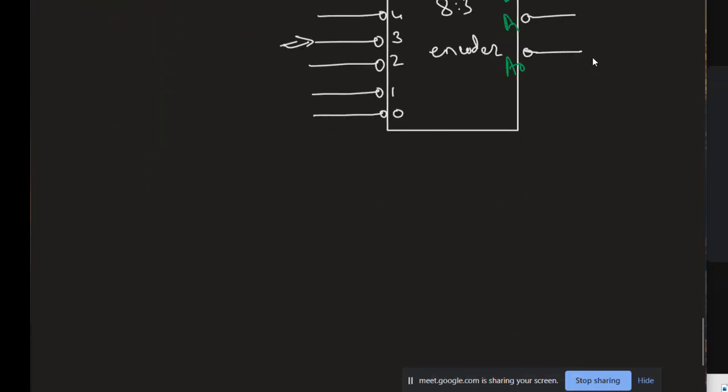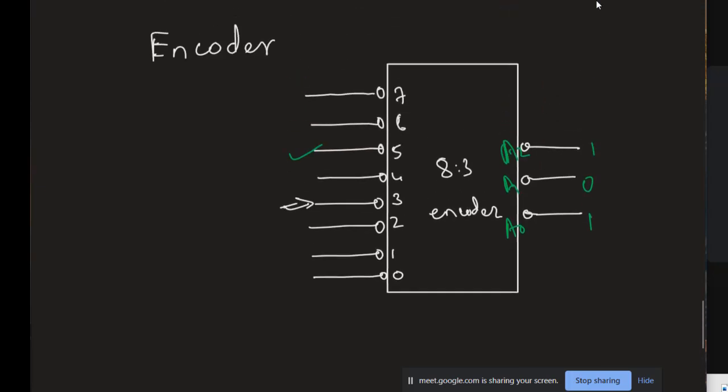But what happens, any one particular line at the input is activated at one time, and for that particular line the corresponding code is being generated. And in the decoder, some code is coming to the input, and that code is being recognized by the 8 different output lines. Any one output line is being activated at a particular time in the case of the decoder.